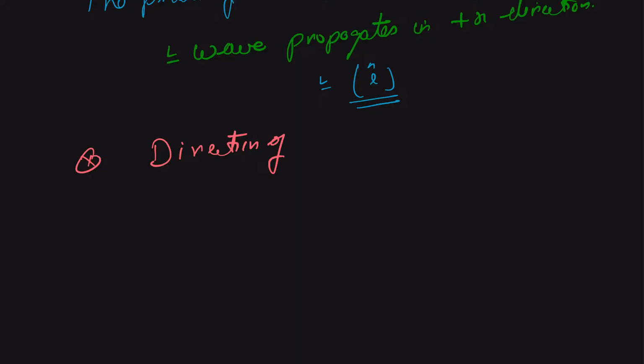Direction of the electric field, and we are given the equation that E is equal to 69 sin(ωt − x).